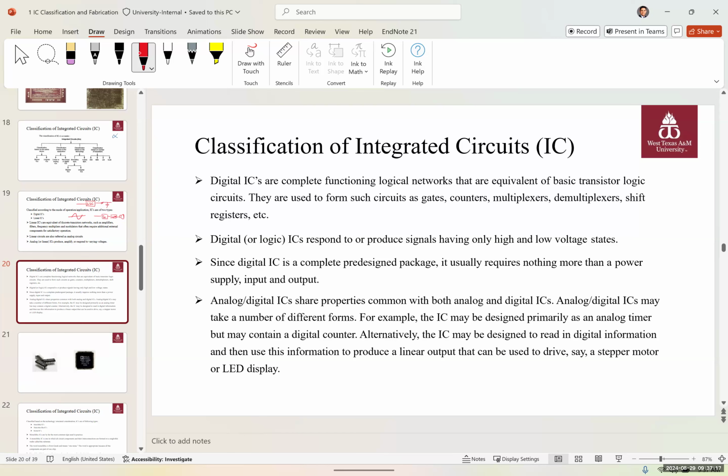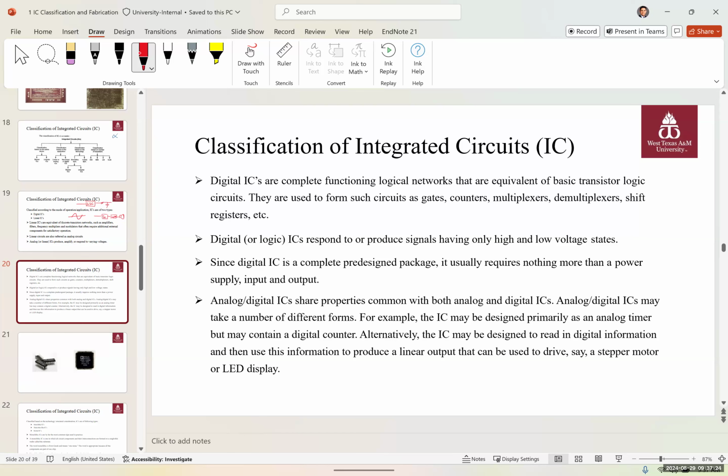Nowadays, like 90% of all ICs are digital ICs. We can build different logic circuits like digital logic gates, NOT gates, AND gates, NAND gate, OR gate, multiplexers, decoders, encoders, latches, memories, all of that could be built out of a digital IC.